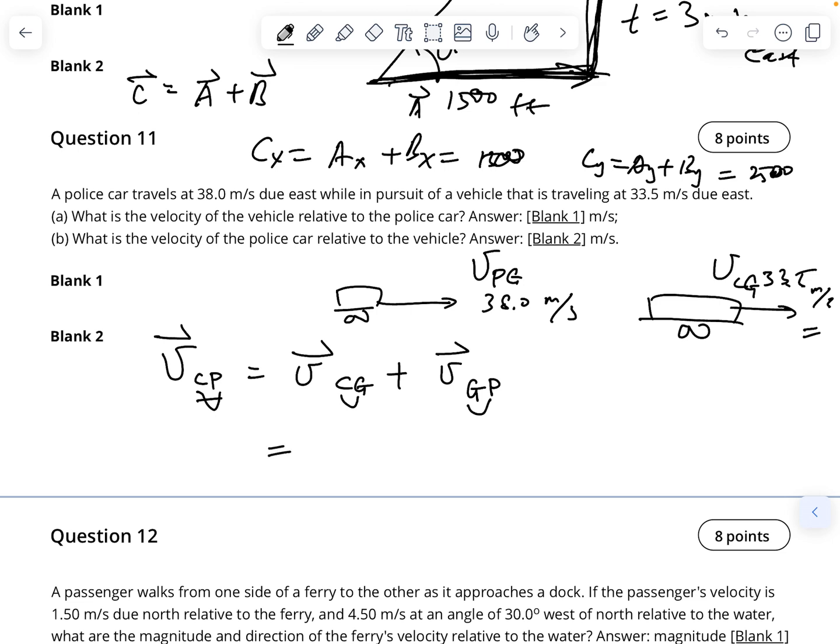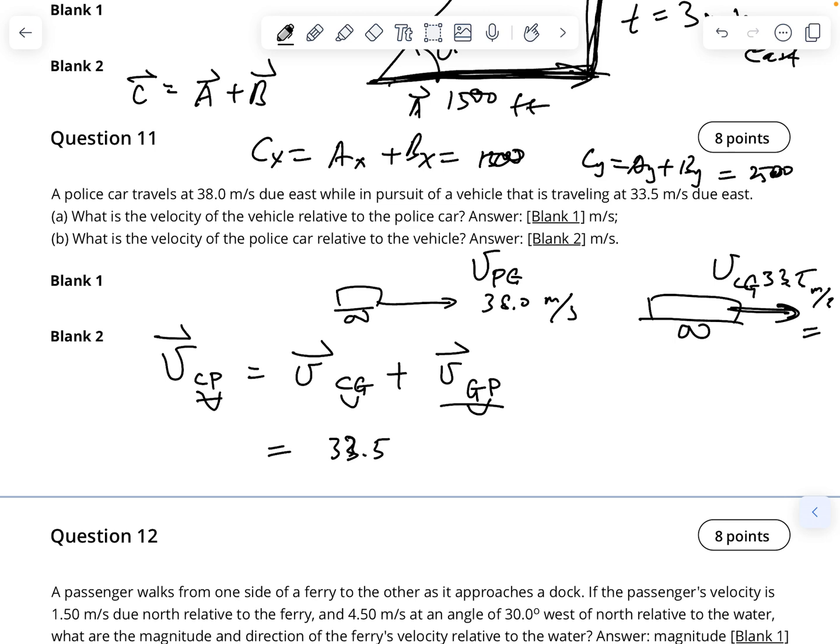This is one dimensional. So what is the CG? CG equals 33.5. This is car to the ground. And then ground to the police.